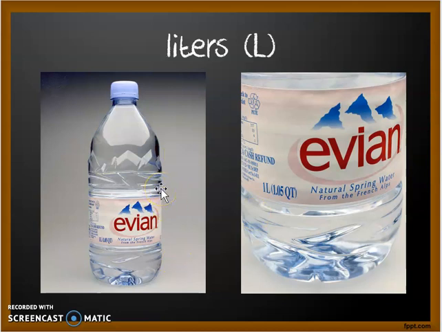And guys, there are different size water bottles. There are really big water bottles and really small ones, so not every water bottle is a liter. If you have water bottles at your house, you can look at them and see, but this is a good size water bottle. That's about a liter of water.